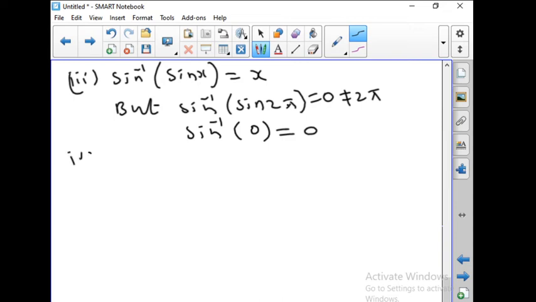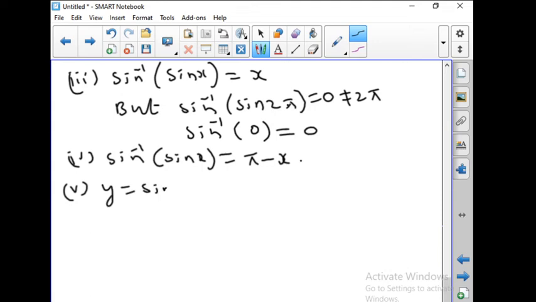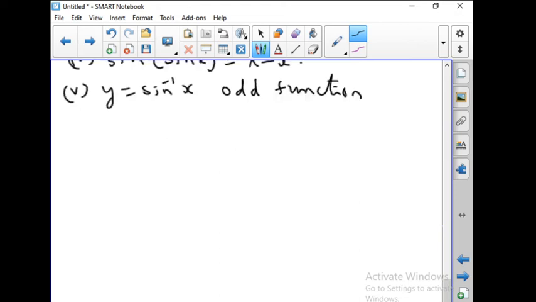Then the fourth one is sine inverse of sin x can also be taken as pi minus x, and y equal to sine inverse of x is an odd function. You should remember all this. This will help you to do 1 mark questions.